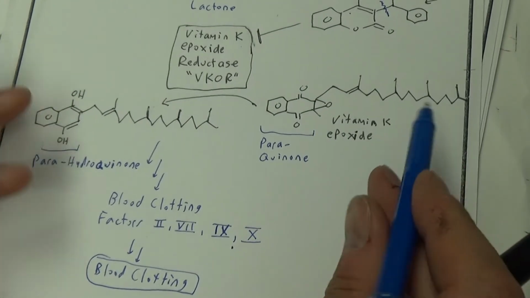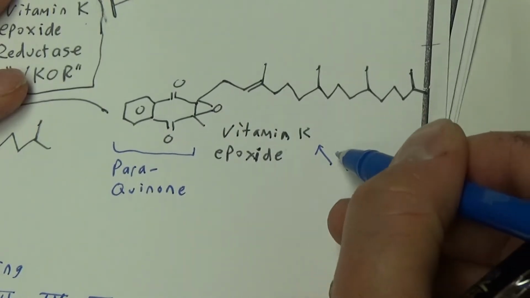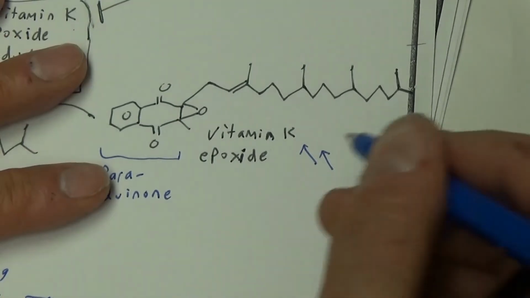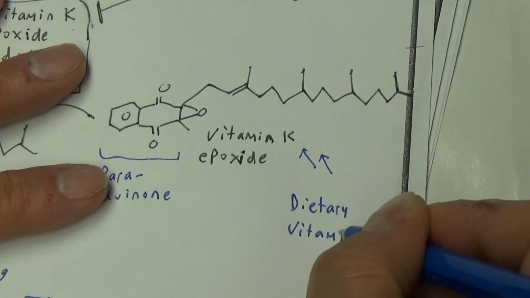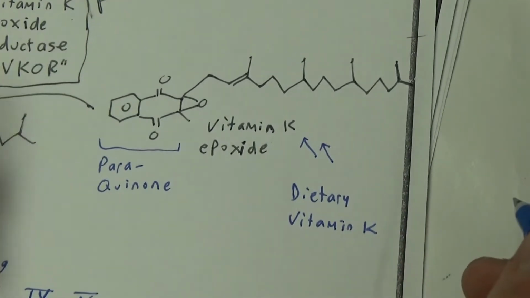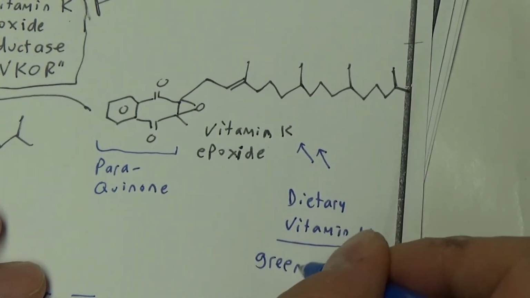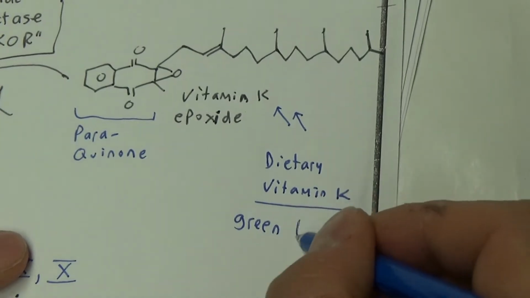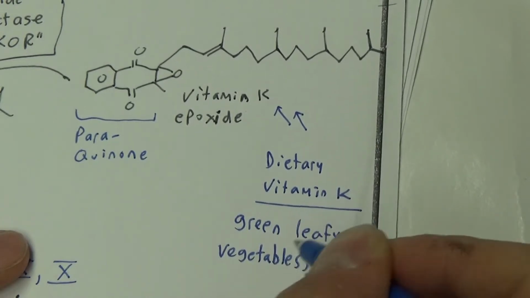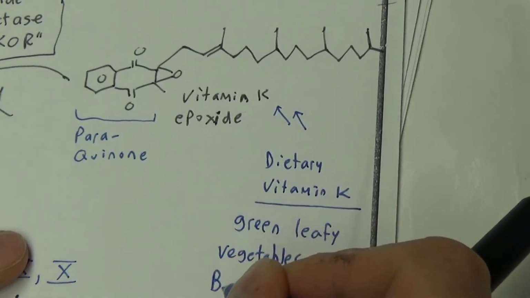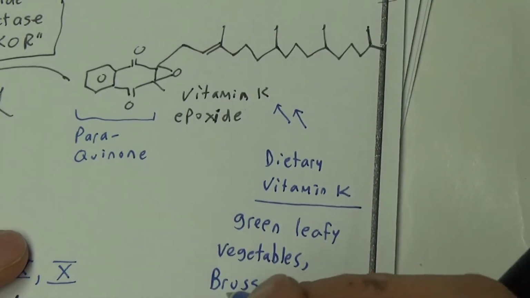Where does vitamin K come from? Like a lot of vitamins, we get it from diet. So dietary vitamin K comes from certain foods like green leafy vegetables, Brussels sprouts, broccoli, things like that.